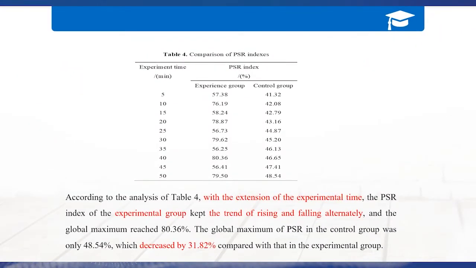According to the analysis of Table 4, with the extension of experimental times, the PSR index of the experimental group keeps the trend of rising and falling alternately, and the global maximum reached 80.36%. The global maximum of PSR in the control group was only 48.54%, which decreased by 31.82% compared with that in the experimental group.